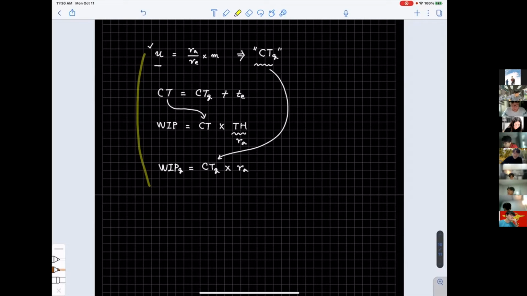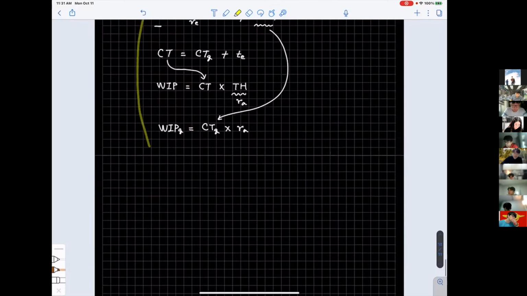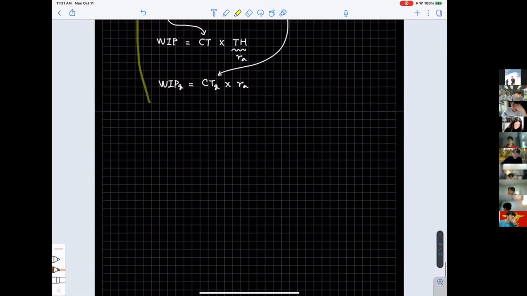Now we are going to calculate a very simple problem. Actually, we have already studied these things, but this will be some review about what we have studied.